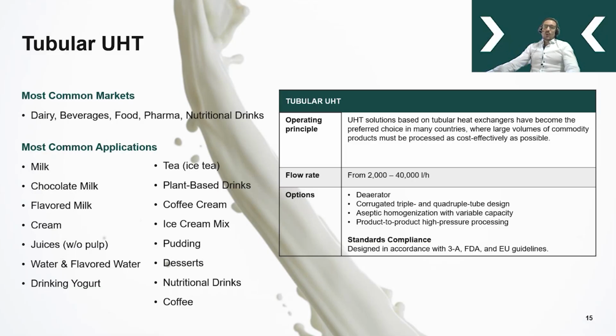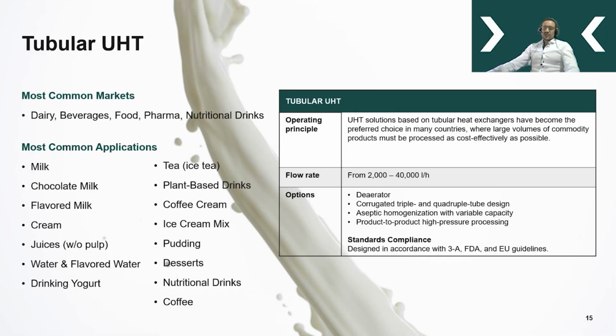I would say it is a quite common technology in many countries where you have to process large volumes of commodity products. In some countries, it could be like white milks. And we have to run it at the lowest possible cost. And therefore, the technology of the tubular comes very handy to achieve that.